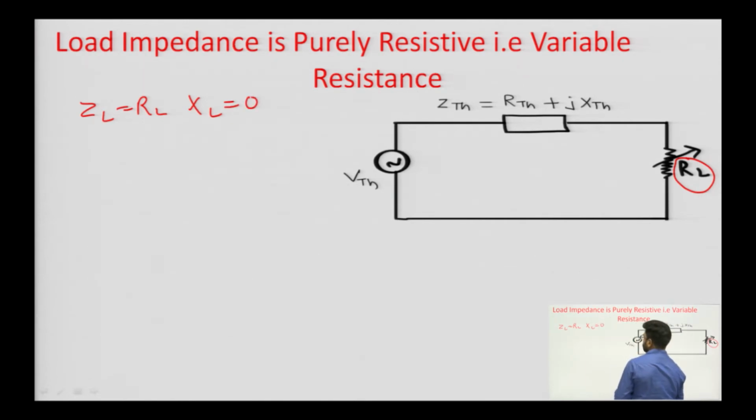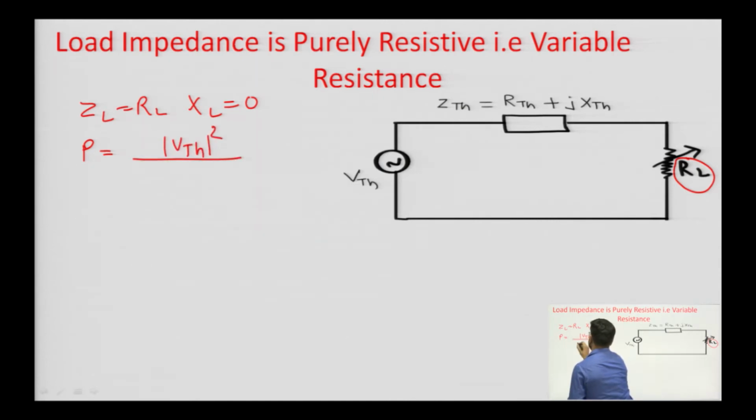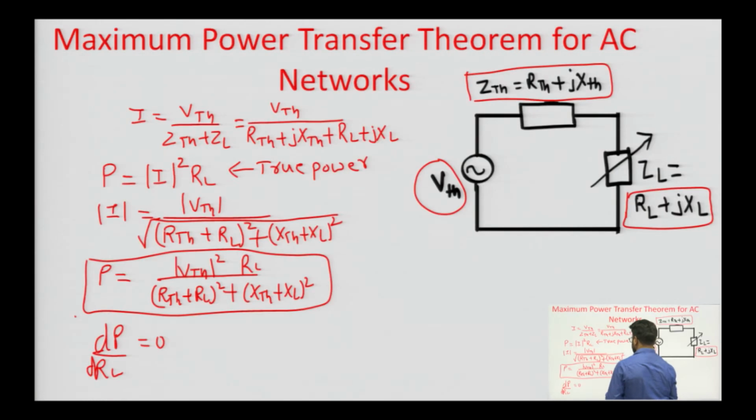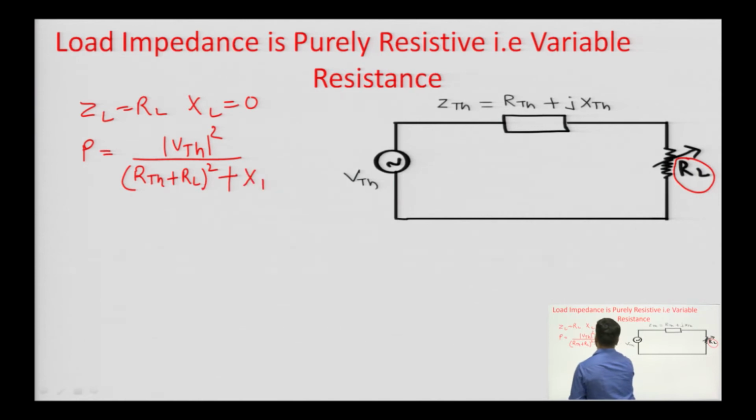So, the power that we have calculated becomes magnitude of VTH square divided by RTH plus RL, whole square, plus, since XL is 0, we have only XTH square. So, it will be VTH square into RL over RTH plus RL, whole square, plus XTH square. Now, we will differentiate this with respect to RL.